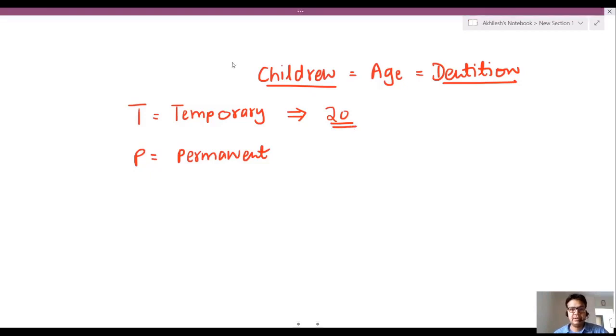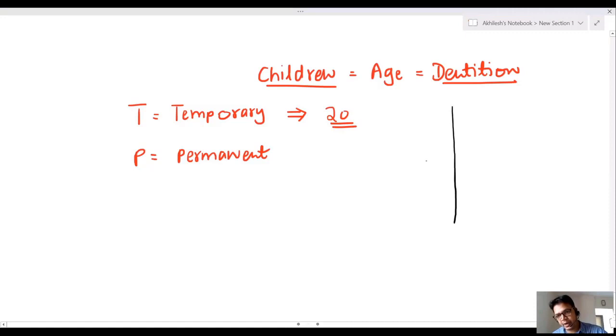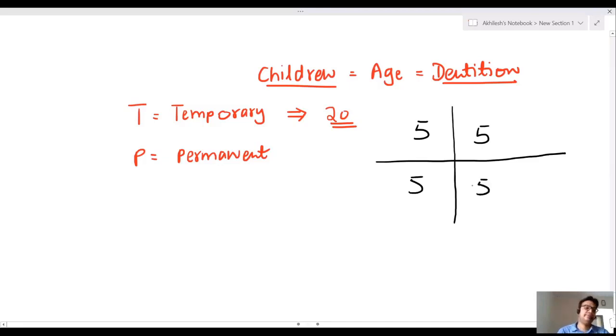And friends, temporary teeth are 20 in number. Every quadrant has 5 teeth. But what is the formula for these 5? 2102.